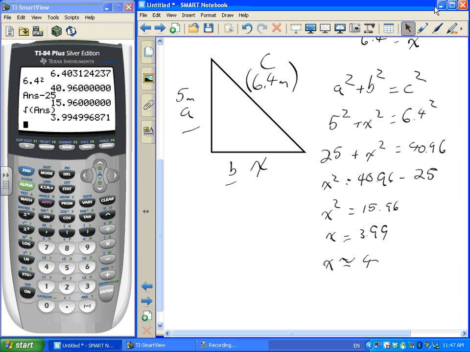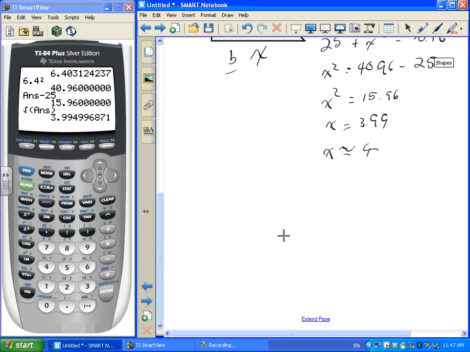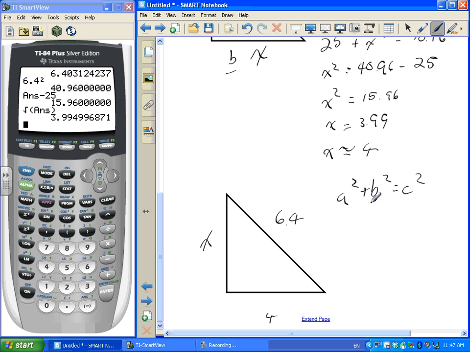Okay, and finally, we're going to do the exact same question again, solving for the other side. Pretty redundant, but important that we know. Let's say they've given us this. We're looking for that side. We're still using Pythagorean. Again, that has to be our c. This time we're going to be looking for a, and this is our b. x squared plus 4 squared is 40.96. 16, x squared.